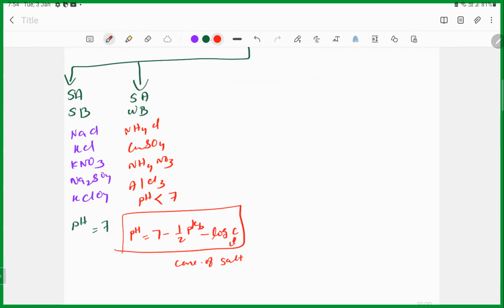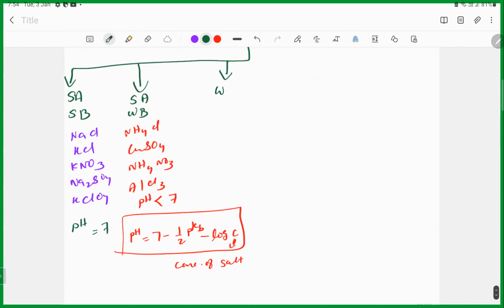And the next one is weak acid, strong base.